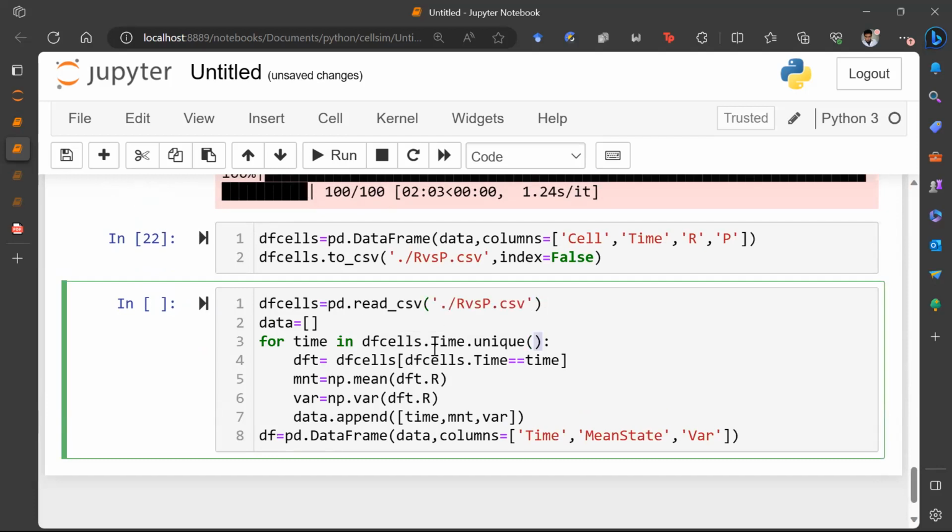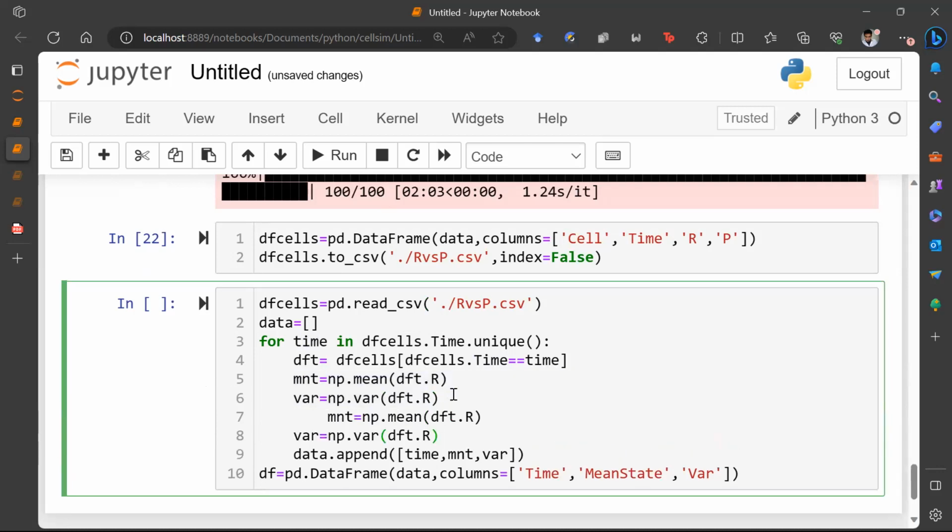Okay. So we read the file, and for all the times in my data frame, I select all the rows such that the time is time, and I calculate the mean and the variance of R and the mean and variance of P. Let's call it here R and here P, to differentiate them.